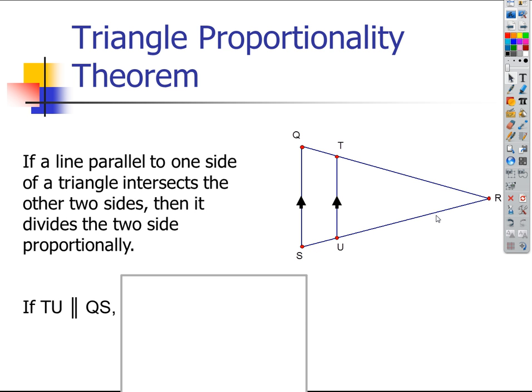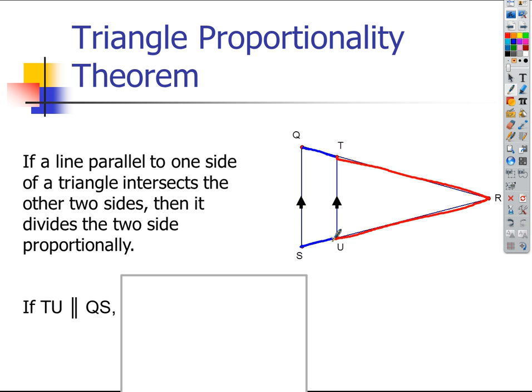How do you suppose that the segment RT and QT are related to segments RU and SU? What do you think? What do you mean they're equal? Okay, now similar is almost the right word. We can set up a proportion here, right?